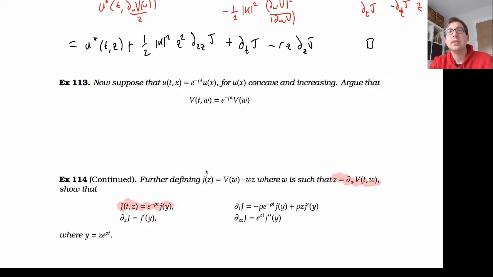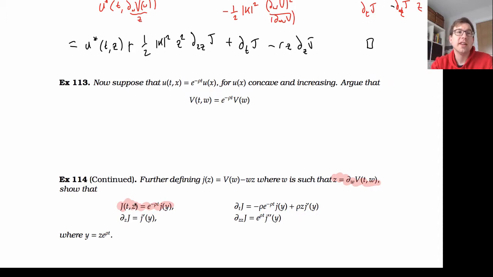First of all, you can check this one by just multiplying both sides by e to the minus rho of t, and I'll end up with exactly the expression that I got for the maximization of v of t of w minus wz with an e to the minus rho applied, which is going to give this j here.